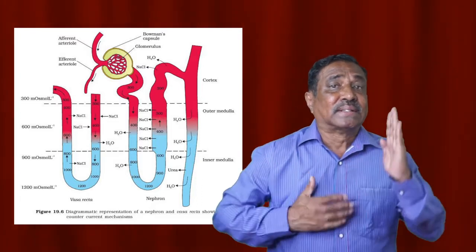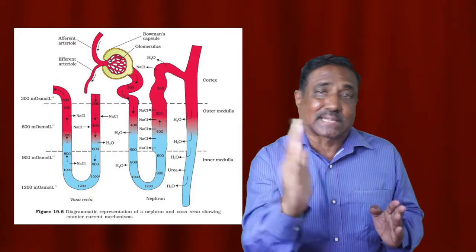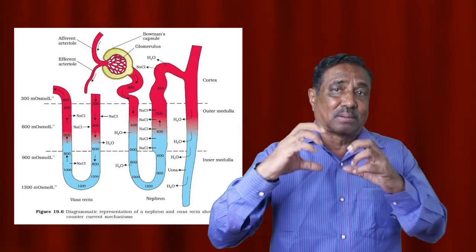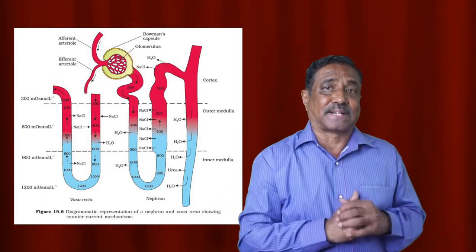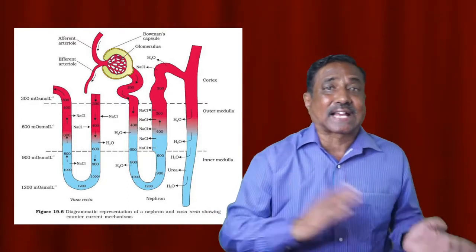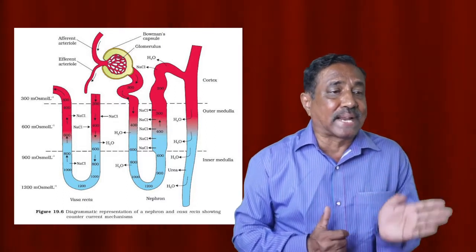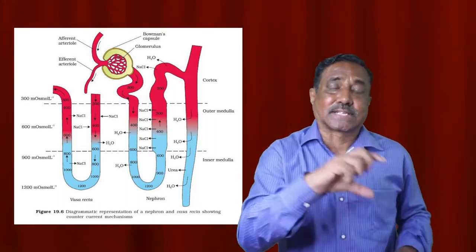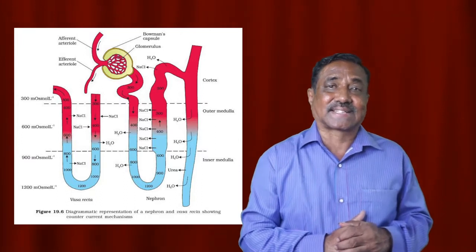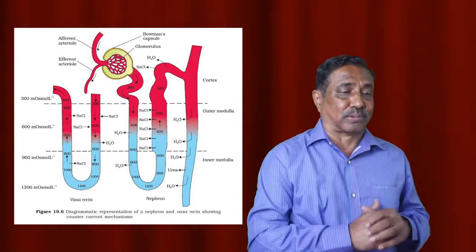In between the endothelium and the epithelial cells, the podocyte cells of Bowman's capsule, there is a basement membrane, and the filtration takes place across the endothelium, basement membrane, and the epithelial podocyte cells of the Bowman's capsule.